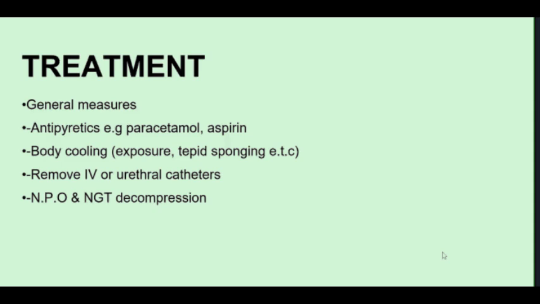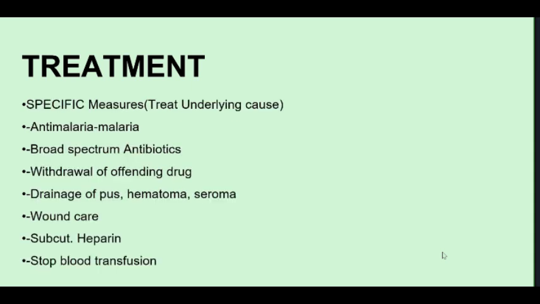But if it is still necessary, it can be changed to a condom catheter. Place the patient NPO and also do NG tube decompression, especially after abdominal surgeries, anastomotic leak, or if an abscess has developed, to reduce the complications that may ensue from this condition.